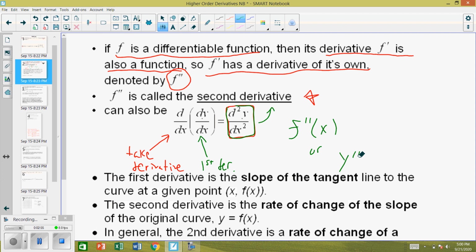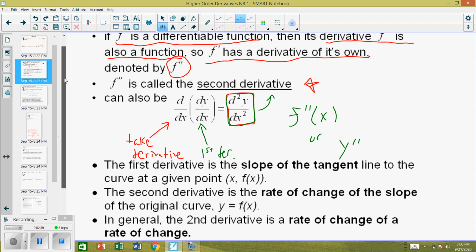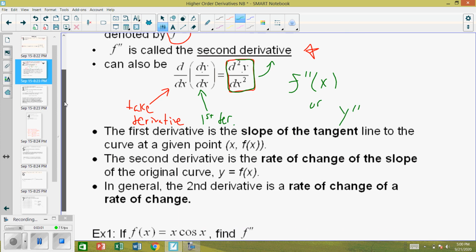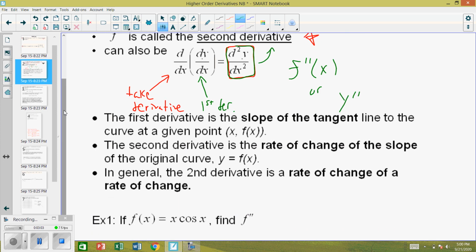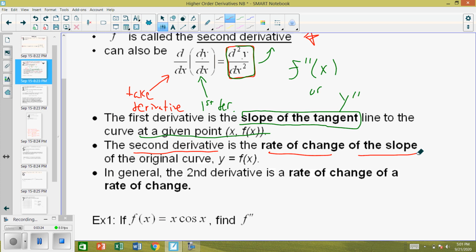Now, let's think about what the second derivative means in the context of slope. The first derivative is the slope of the tangent line. We know that it's the instantaneous rate of change at any given point (x, f of x). The second derivative is the rate of change of the slope of the original curve.